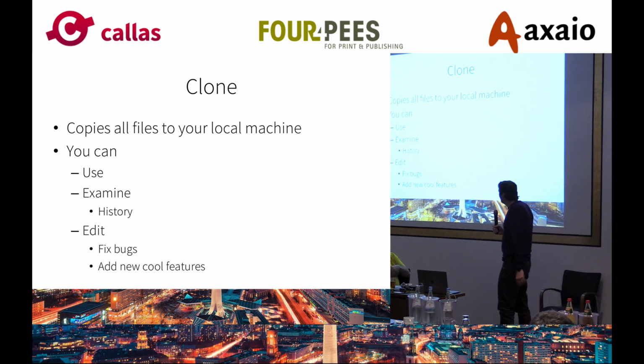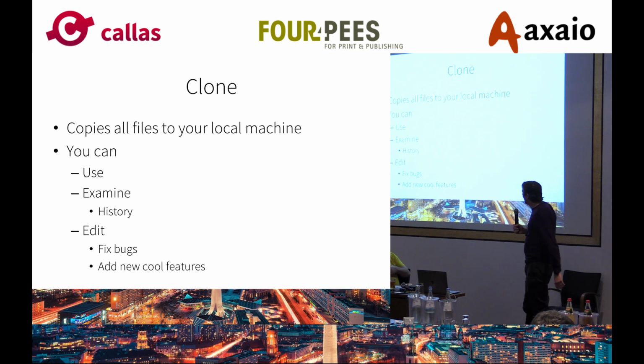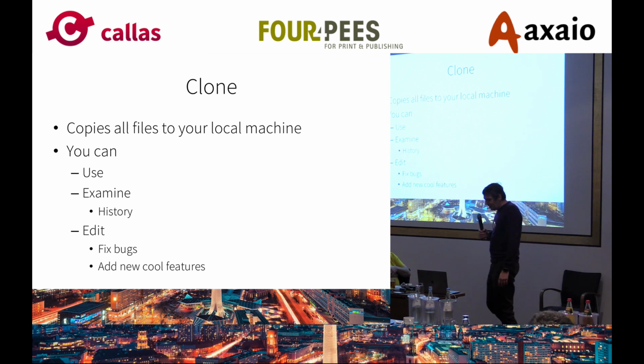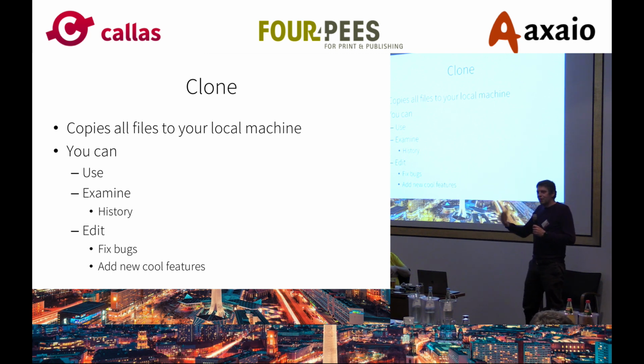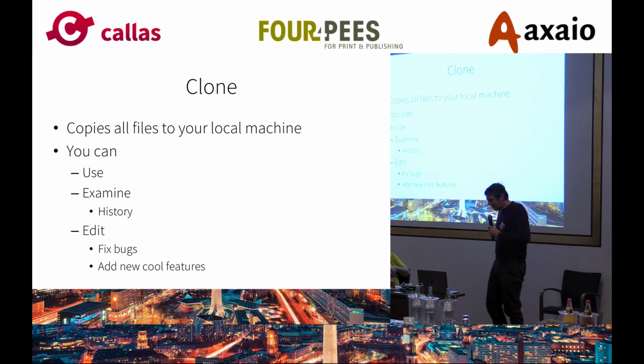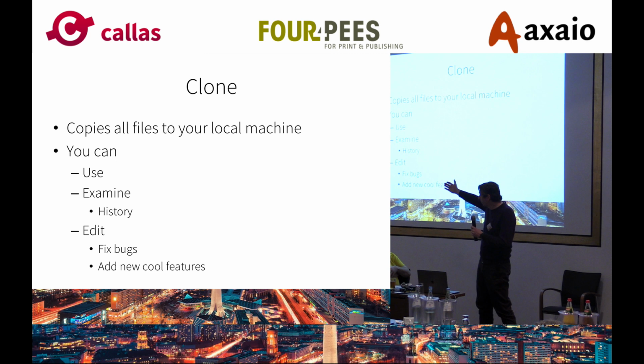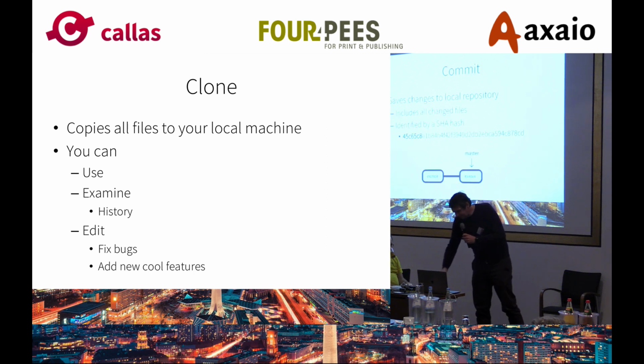Okay, so you can examine a cloned repository, you can look into the history, you can edit such a repository, you can fix bugs, you can add new features, of course, and that's all done on your private copy of a remote repository. For example, you could clone one of the Callas software repositories and work on these files and do something with that.